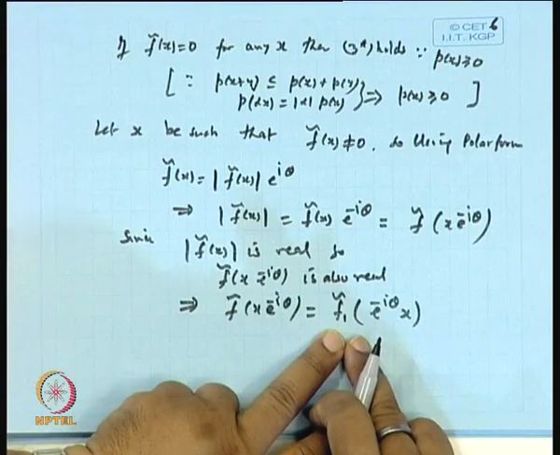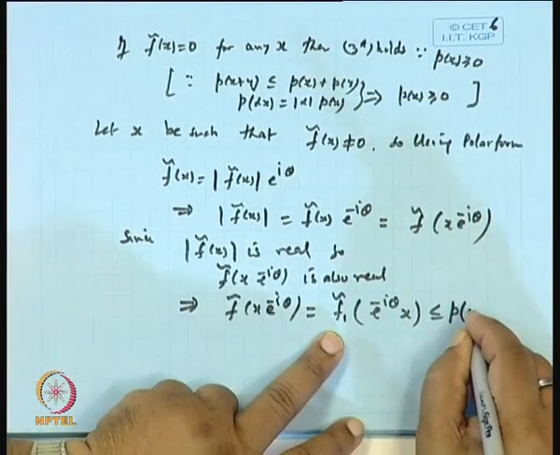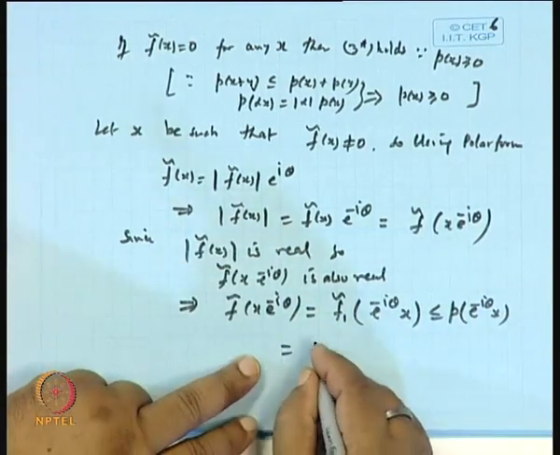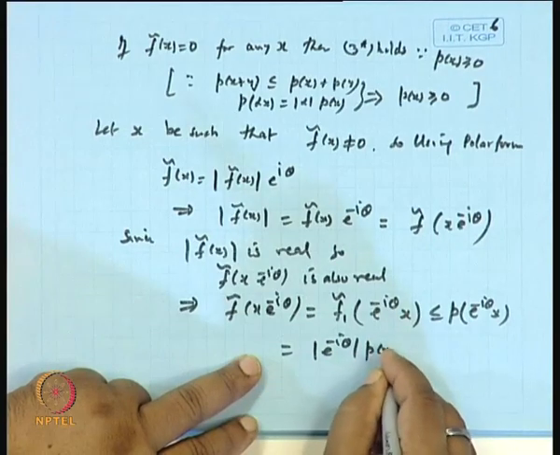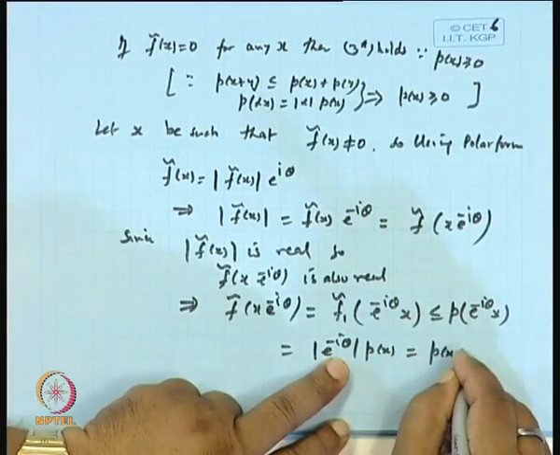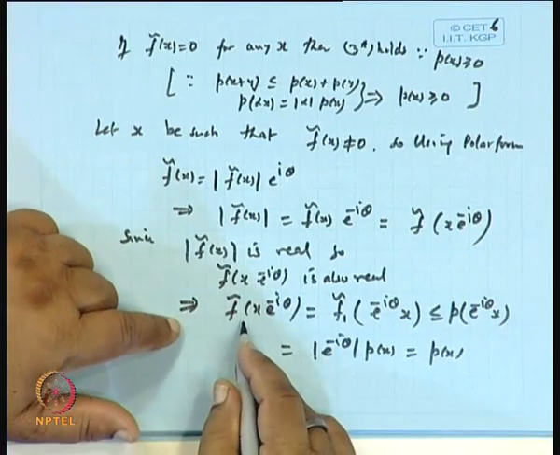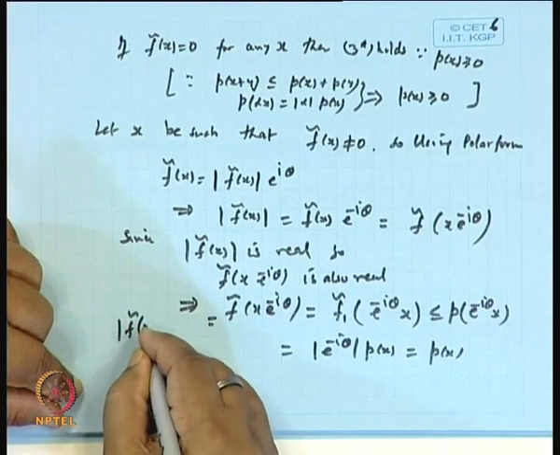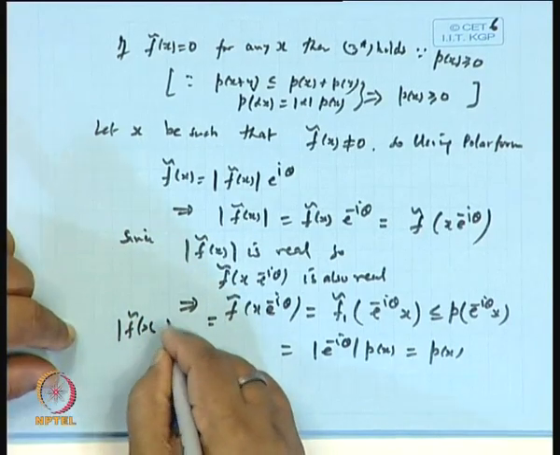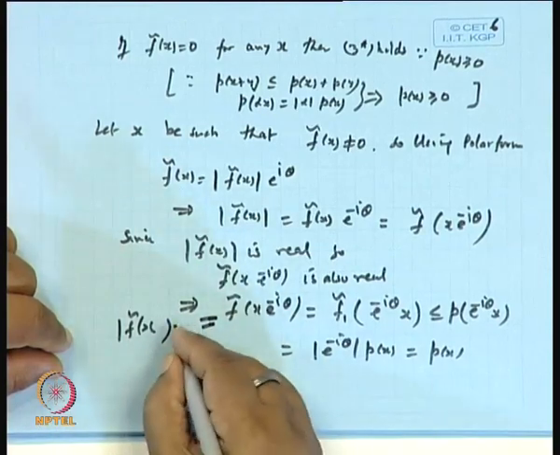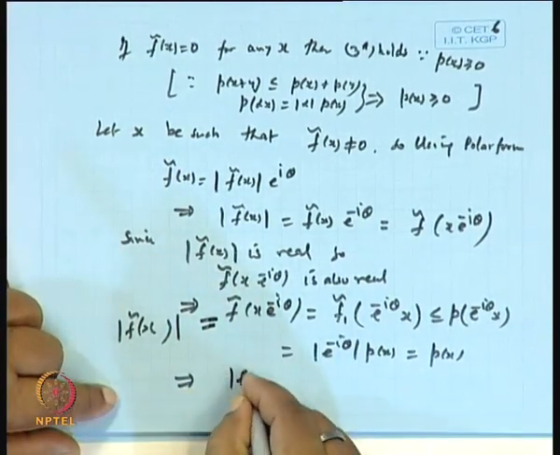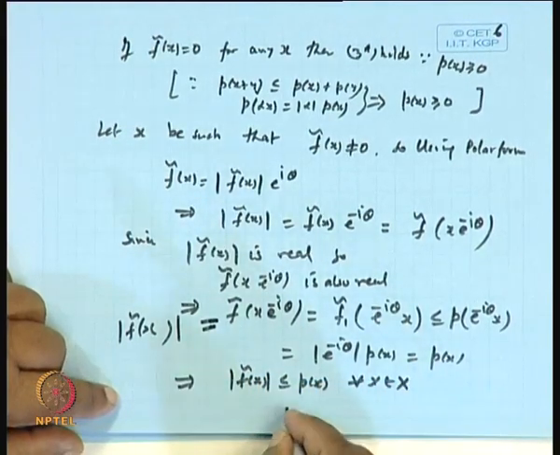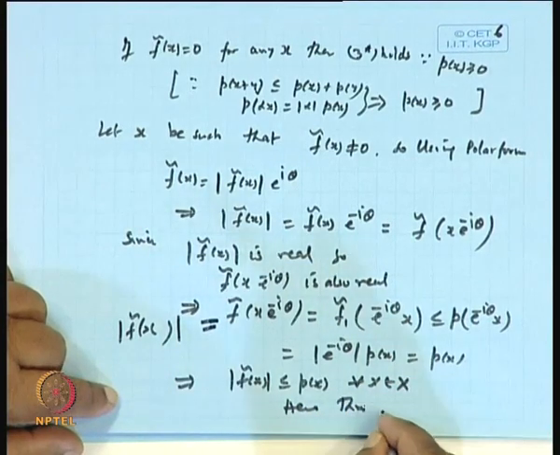But f1 is already dominated by p. So, this is less than or equal to p of e to the power minus i theta x, which can be written as modulus of e to the power minus i theta times p x, but this is 1. So, we get p x. It means the modulus of f delta x, which is its real part, is dominated by p x for every x belonging to X. Hence proved. Hence, the theorem is proved.